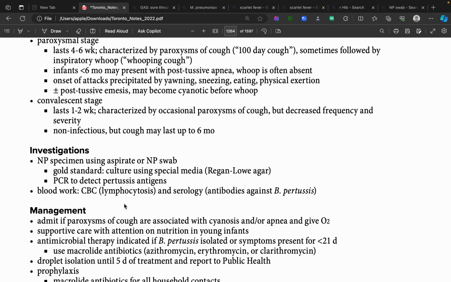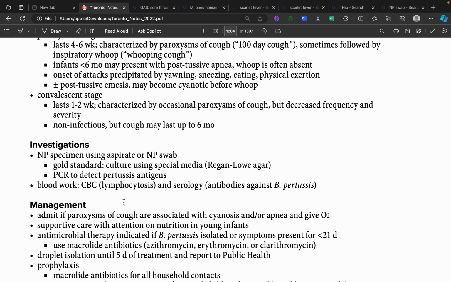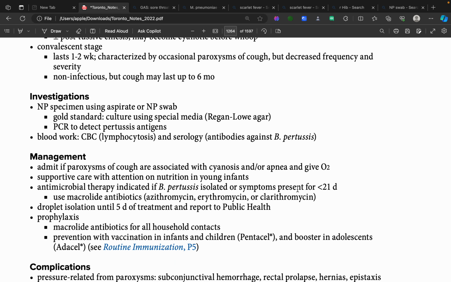Of course, most of the times we are using CBC and serology in many infections. And the management is oxygenation if there is dyspnea and severe cough, and supportive care with attention on nutrition in a young infant.